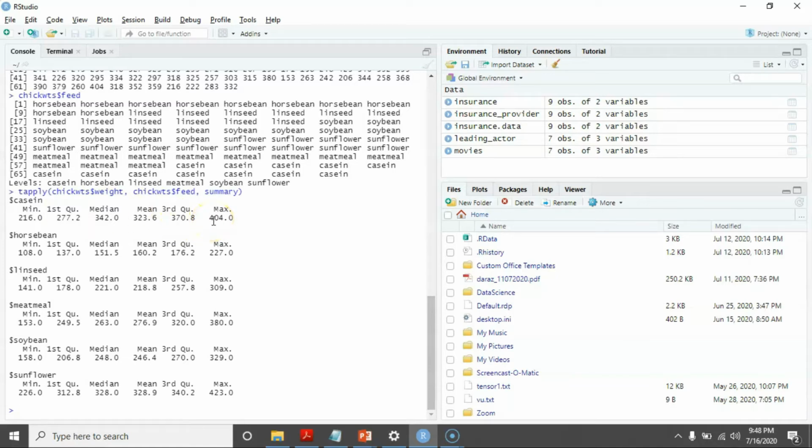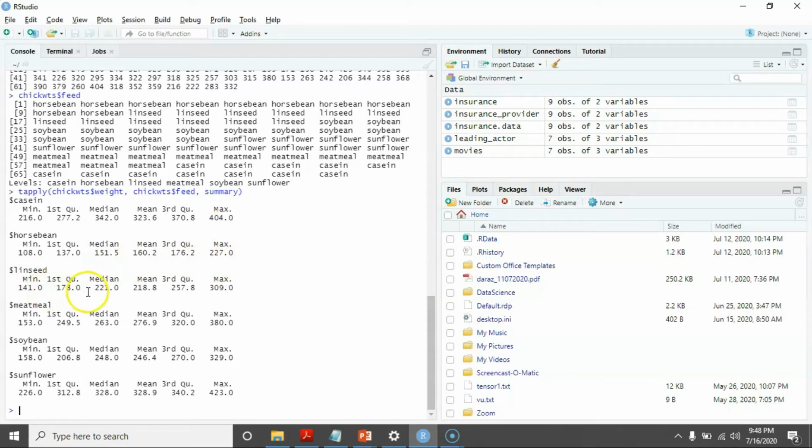On average, all the chickens using the feed casein have an average weight of 323. For example, horse bean, 108 and 227, is not very attractive in comparison with casein.